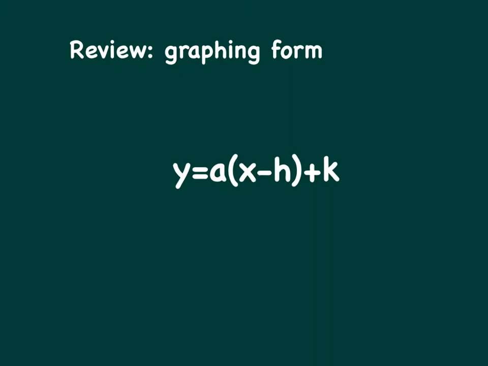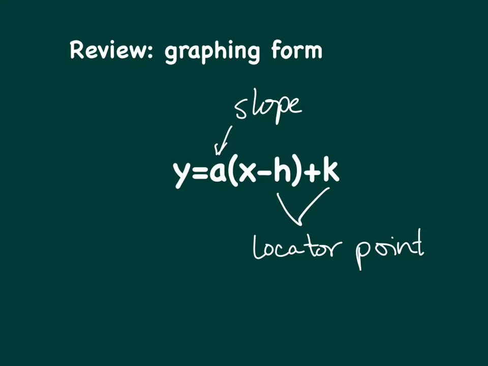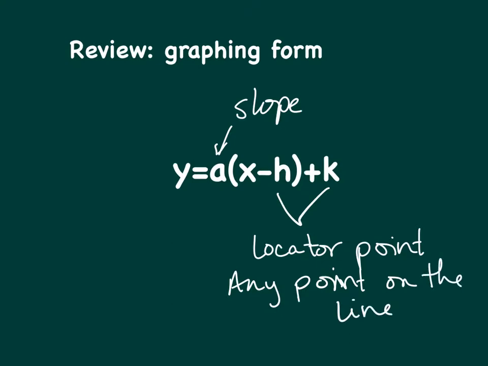Reviewing this graphing form really fast: a, that's our slope, and h, k in the linear version is our locator point, and that is any point on the line when we're looking at a linear equation. Apparently I can't write. The thing you need to really pay attention to is this right here.